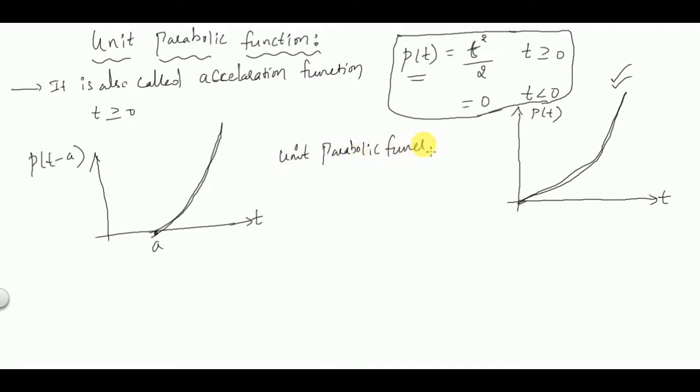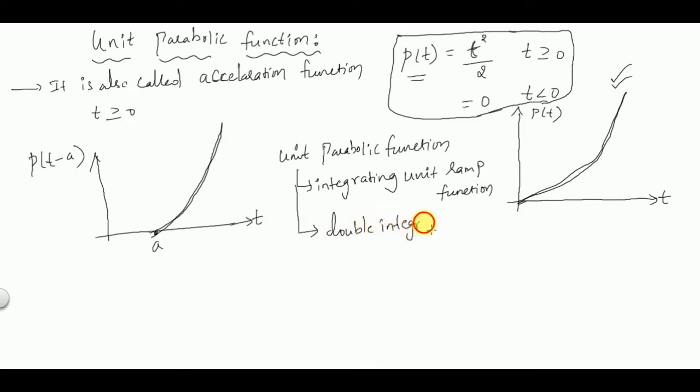So unit parabolic function is obtained by integrating the unit ramp function. Similarly, double integrating the unit step function, you'll also get the unit parabolic function.